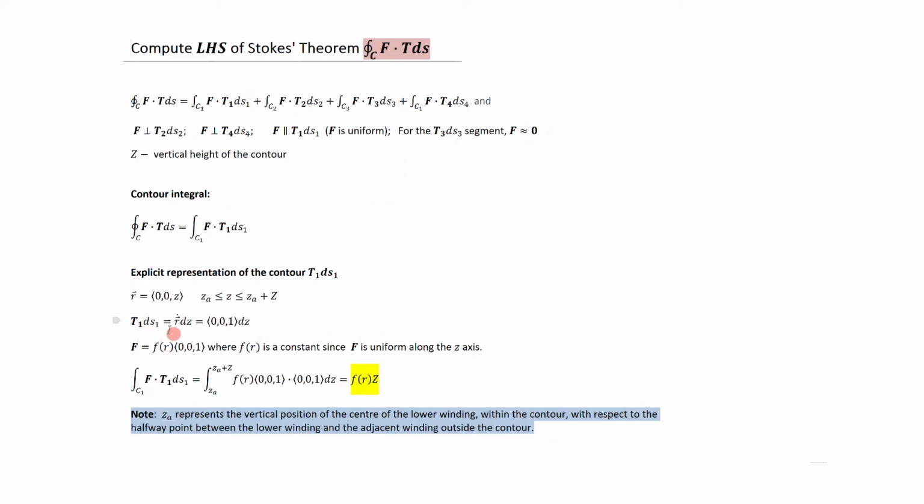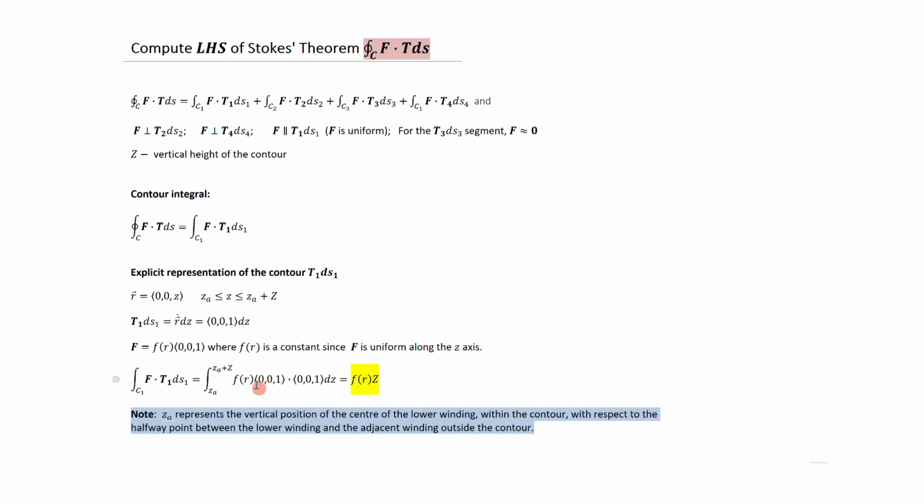T1 ds1 would be just the derivative of this with respect to z, and so this becomes (0, 0, 1) dz. And the field is then F of r, to be determined, times (0, 0, 1), and it's uniform. So make the substitutions. T1 ds1 was (0, 0, 1), and F was in the z direction.